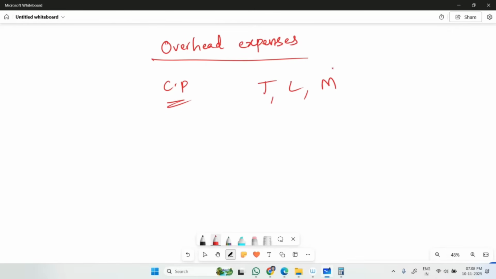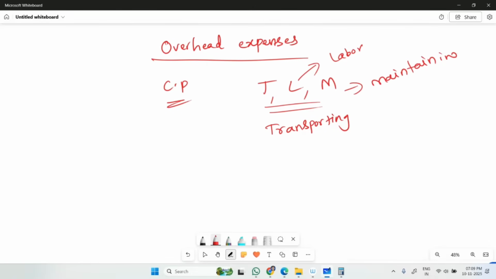These additional expenses are called overheads, like transporting. To bring the item from the manufacturer, we need labor, right? So for the labor and maintaining the good in the shop, these all come under overhead expenses. The additional expenses we call overhead expenses.